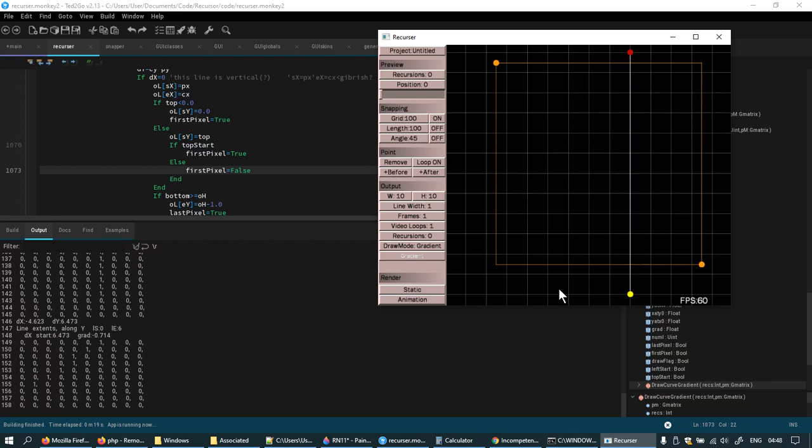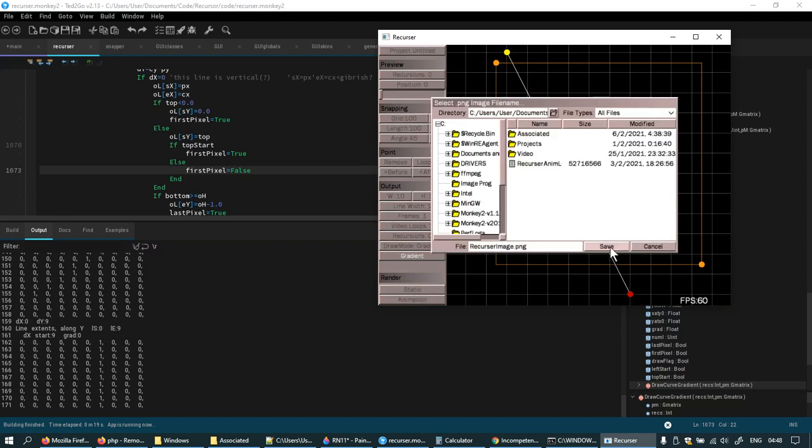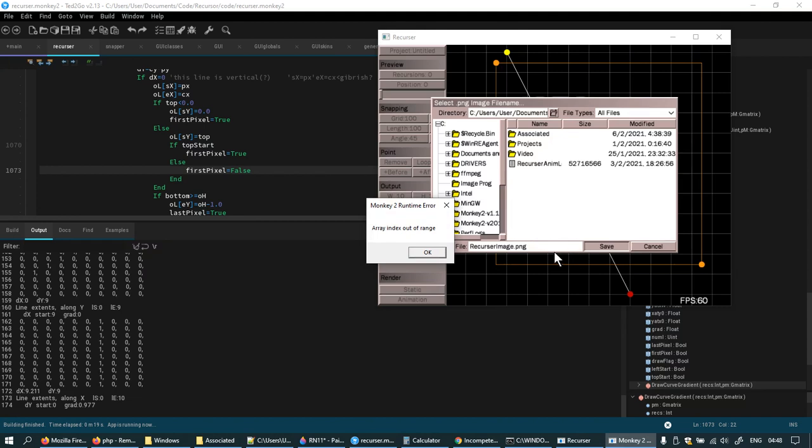And here, apparently correct. Array index out of range. Why did I say it like that? I'm shocked. One second, I'm going to have coffee. Okay, well, we got there in terms of finding the next error.